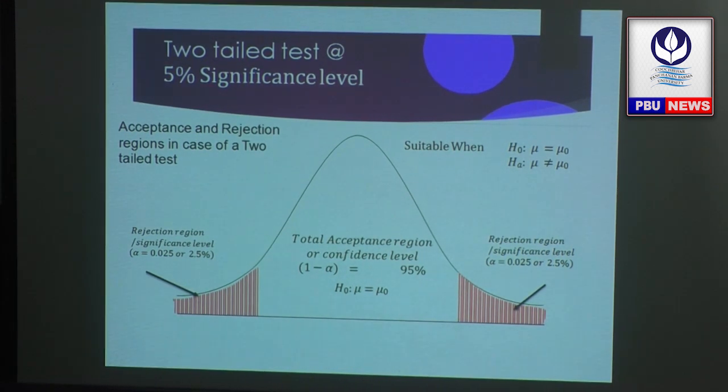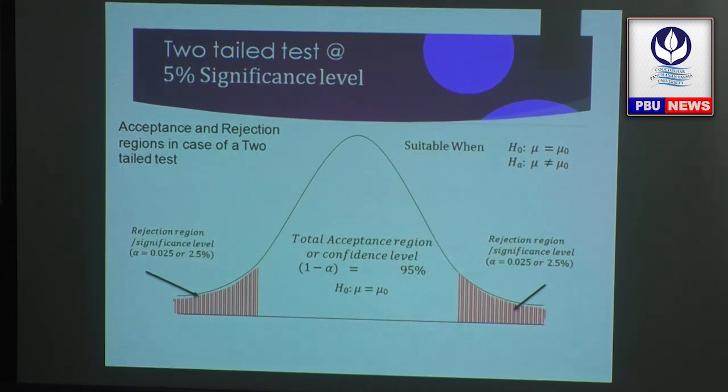Here alpha is divided into two parts, alpha by 2. Total alpha equals 5%. With two sides in a two tail normal distribution, alpha divided by 2, that means 0.05 divided by 2, equals 0.025, that is 2.5% on both sides.